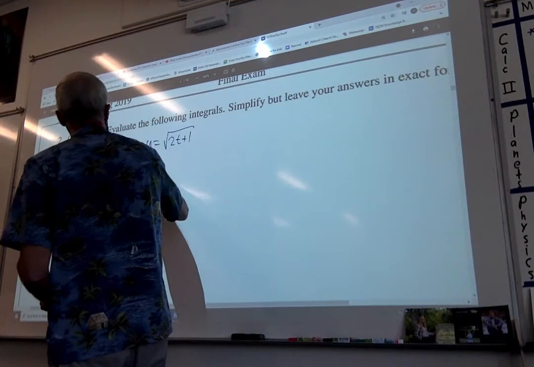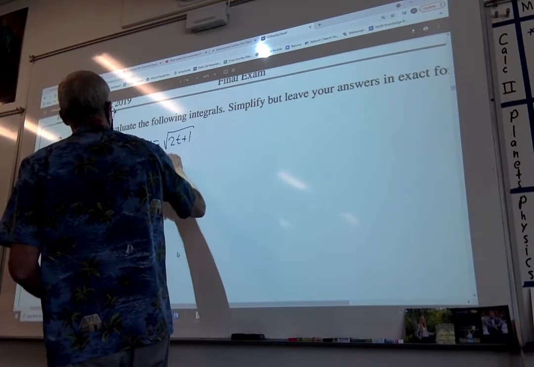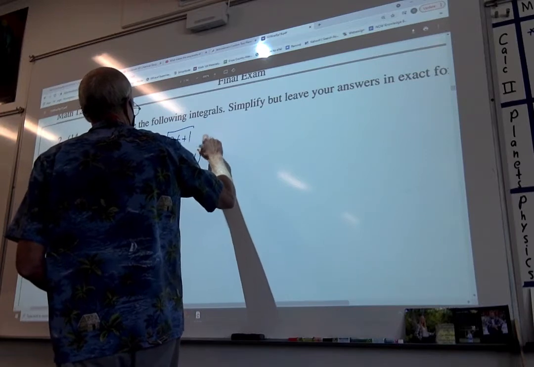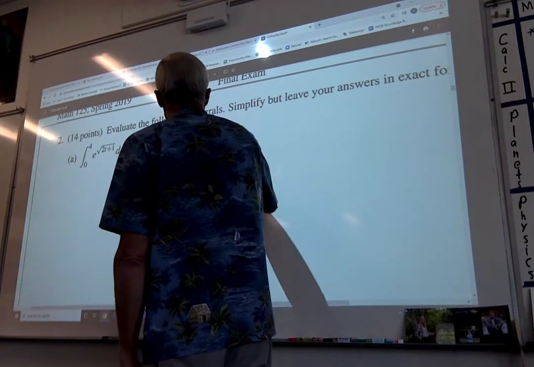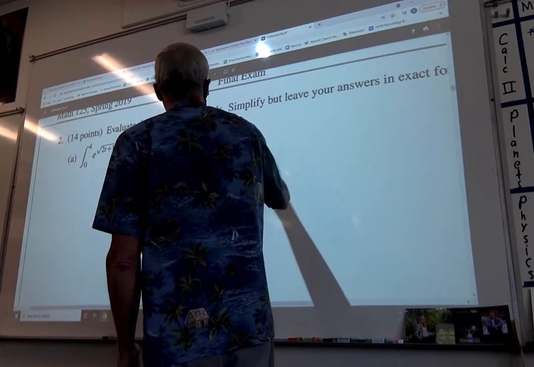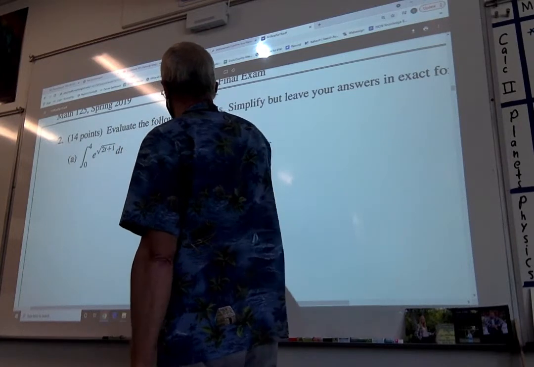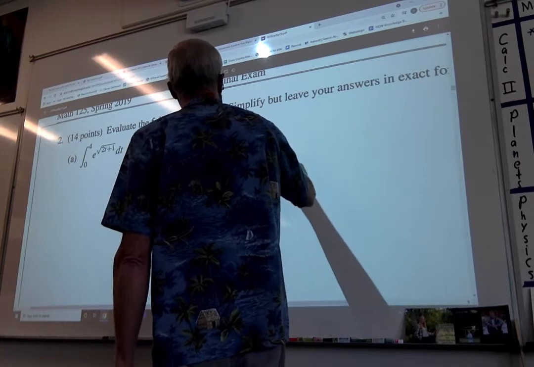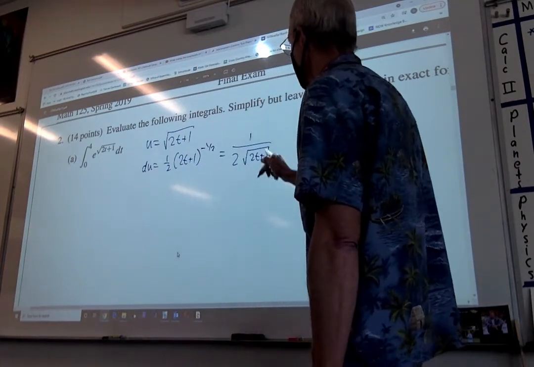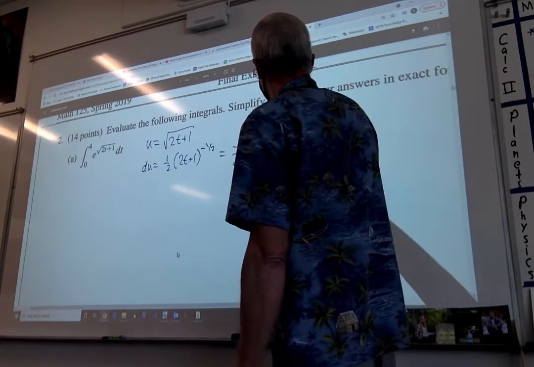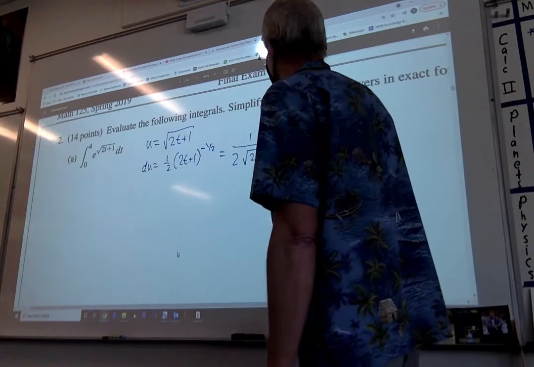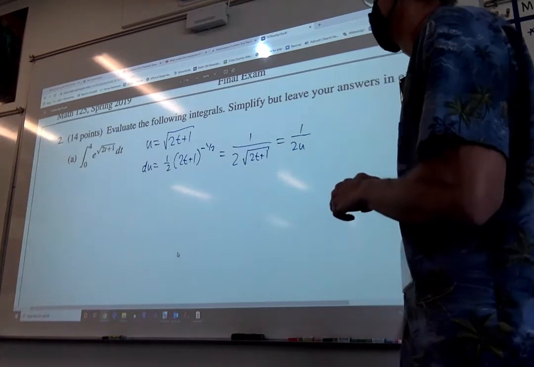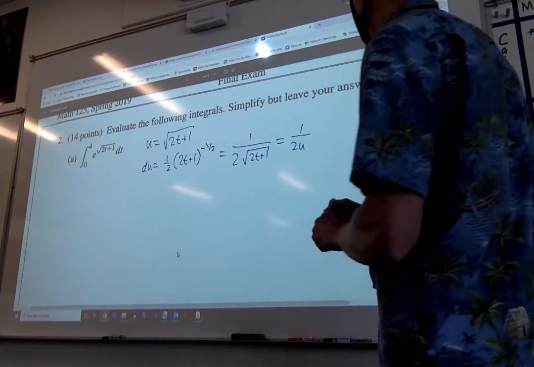So du is 1/2 times (2t plus 1) to the negative 1/2, which is 1 over 2 times the square root of 2t plus 1, which is 1 over 2u. Because u is root 2t plus 1, so it's 1 over 2u, dt.